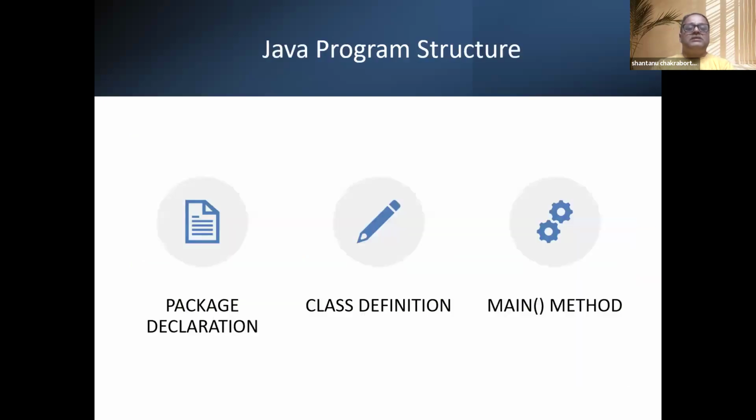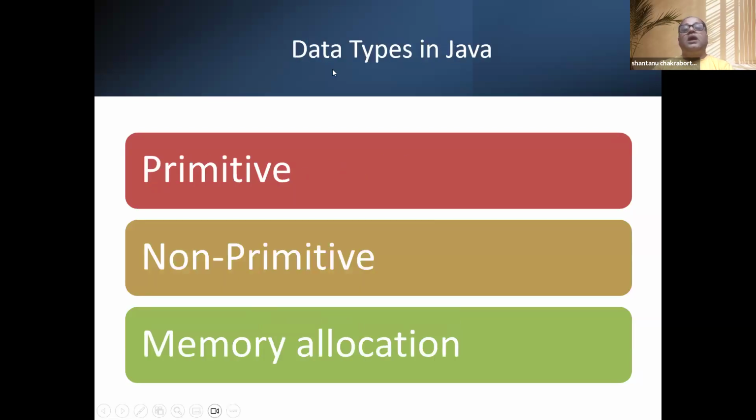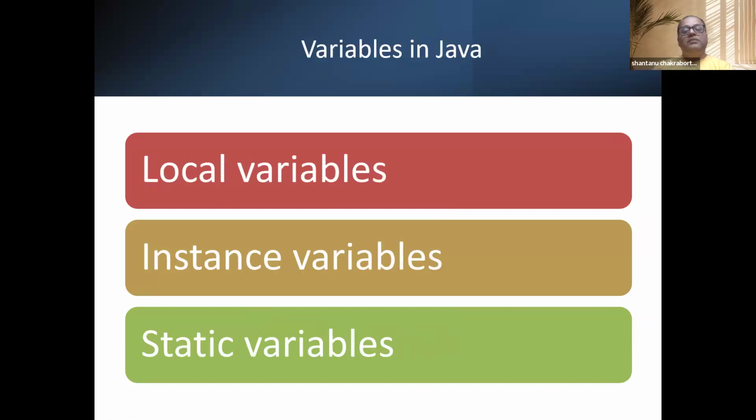So what we have done is we just have defined public static void main String args, and we did a few programs with the basic Java tools here. There are different data types, primitive and non-primitive, and there is a dynamic memory allocation that it supports. Then we have done local variable, instance variable, static and global variable.